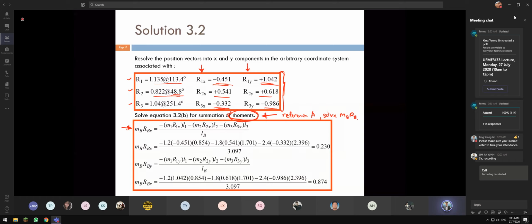Because when plane A is the reference, the MA RA disappears from the equation, then we can find MB RB. We solve the x and y components separately. So in this case, we have MB RB x, so we just substitute the value. M1 R1x L1, so remember this moment, M2 R2x L2, M3 R3x L3, divided by the LB.